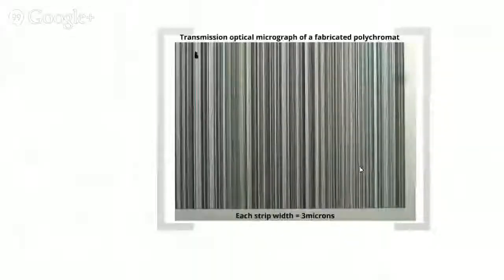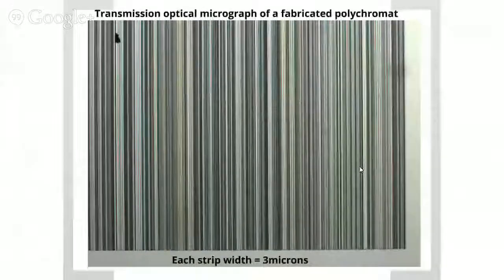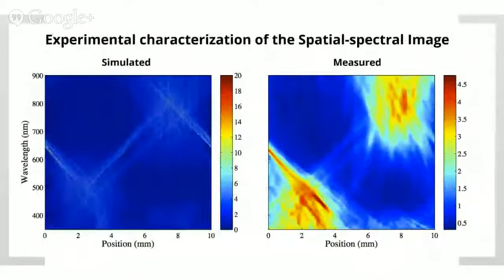So this is a fabricated polychromat. In this case, each line here is about 3 microns, about 3 times smaller than the ones I showed you before. And you can see the different colors which represent the different heights because this transmission optical phase difference gives us colors. And the measured spatial spectral image of the point spread function is shown here. And you can see that this is the same plot as shown before.